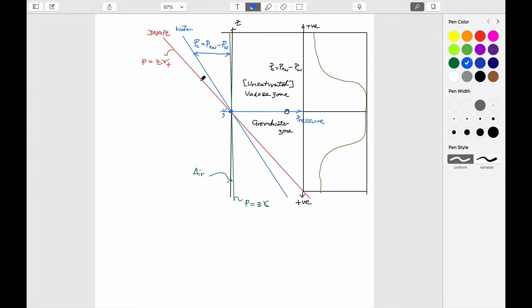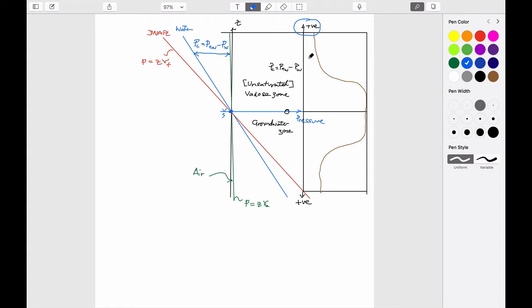If we go up, pressure decreases because we're kind of physically pulling it up. So the pressure of water is negative as we go up here, and we're subtracting from that the non-wetting fluid pressure, which is basically 0. So negative minus a negative value is positive, so this really is a positive value.